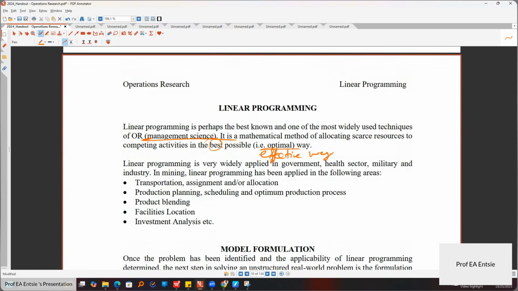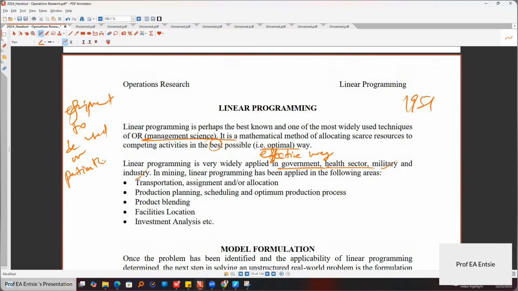All right, so we have some importance or uses of linear programming. It can be in the mining industry, it can be in the military, as we saw in 1951. It can also be in the government. There are some government sectors which use linear programming. You have the health sector, go to the various hospitals, they use linear programming to know the amount of equipment, that is tools, to be used on patients if you fall sick.